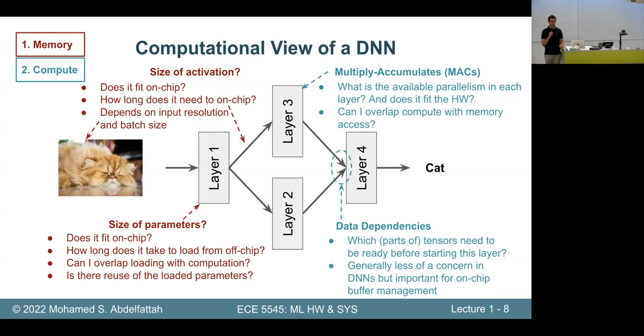I remember at Samsung, we were optimizing a speech recognition model for one of those phones, and we cut the number of layers, the number of channels by almost 40%. So close to half of the channels were pruned away. But the improvement that we got was just 20% or 23% in terms of actual runtime in the end.